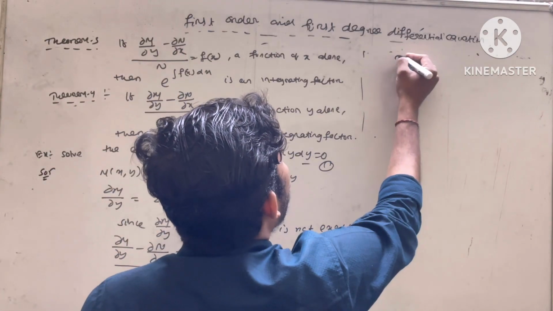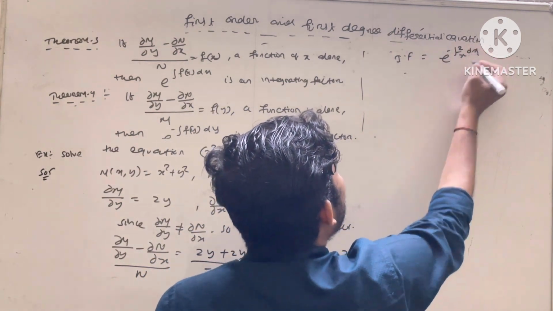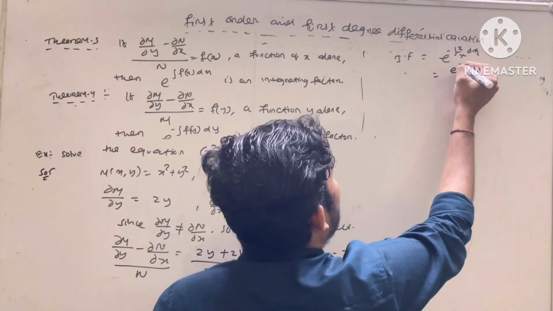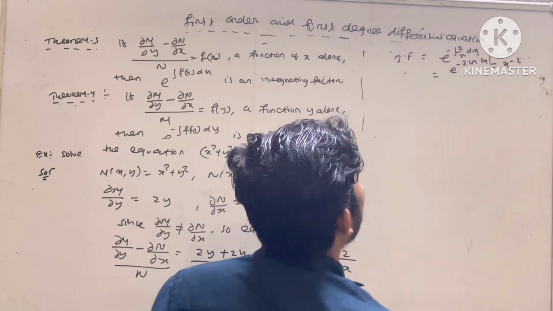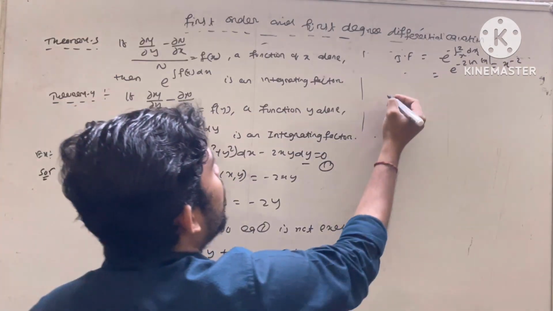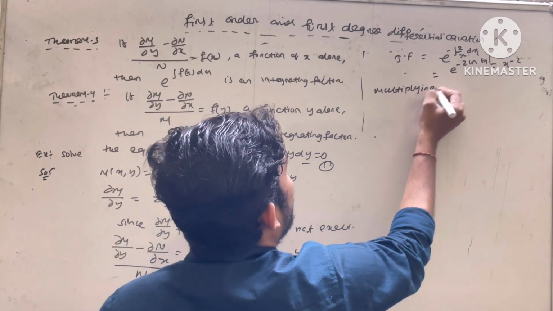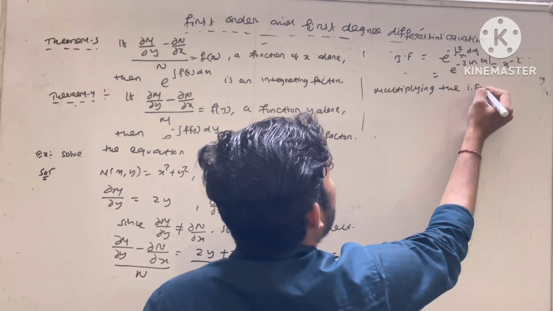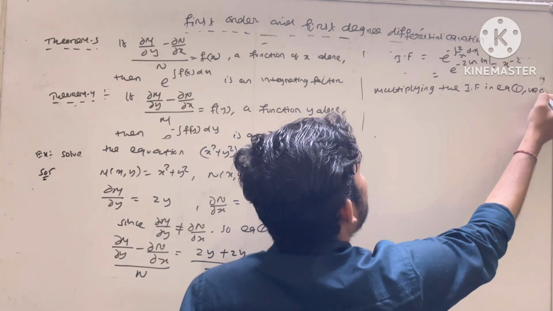So the integrating factor is e to the power integral of minus 2 by x dx. That means e to the power minus 2 ln x, so that is x to the power minus 2. So multiplying the integrating factor in equation 1, what do we get?